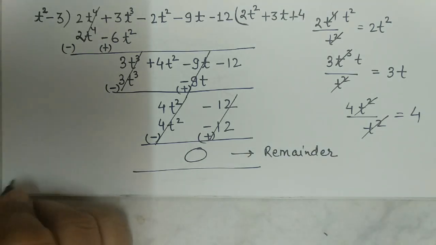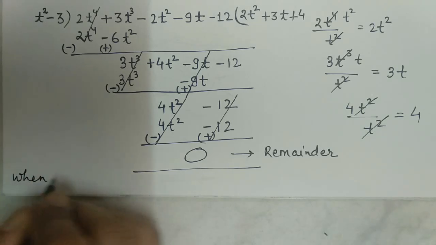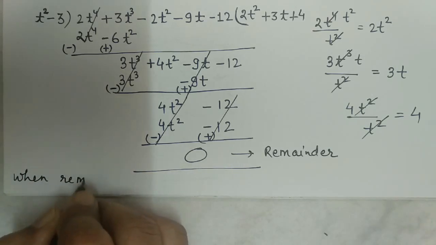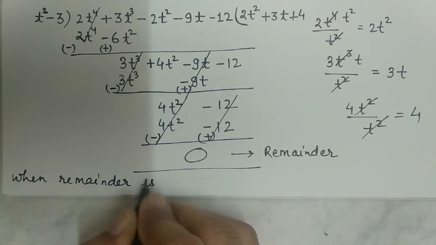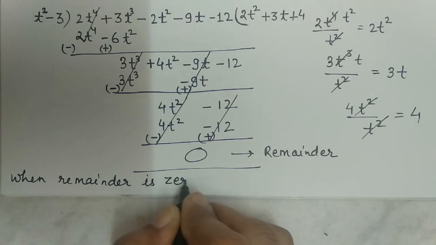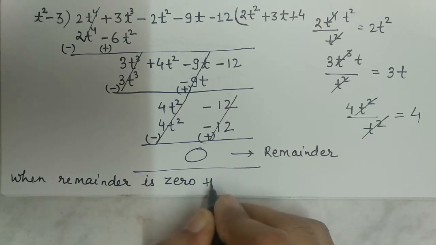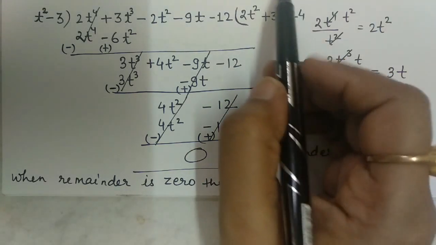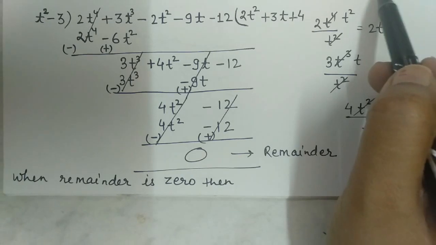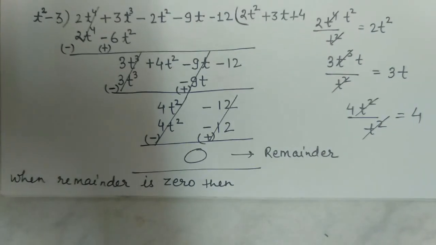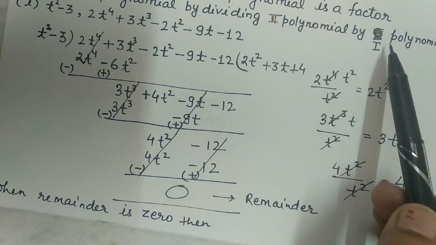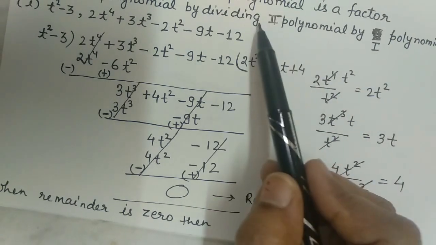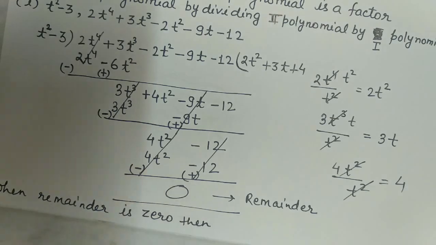Okay class. So when the remainder is 0, then this first polynomial will be a factor of this second polynomial. Okay.